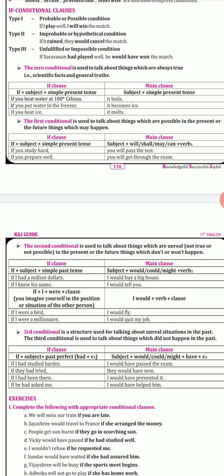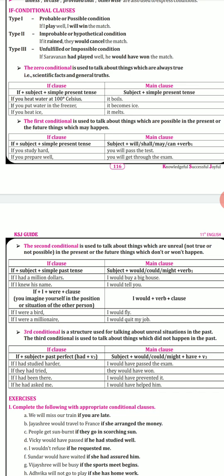And then another condition class, impossible condition. So in the subordinate clause there should be a verb in past perfect tense, especially the auxiliary verb should be had, followed by the main verb that should be in past participle form.